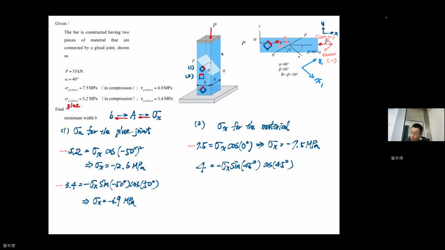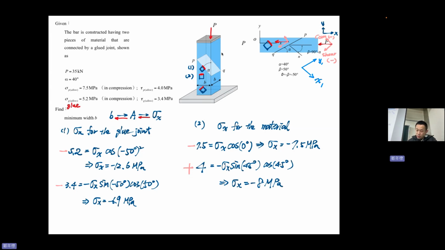So your shear here will be positive because this is new x1 direction surface, and this direction will be new y1 positive direction. So positive, positive, this one will be positive. Okay, so you need to be really careful about the direction. Difficult, right? Sigma x equal to minus a megapascal.